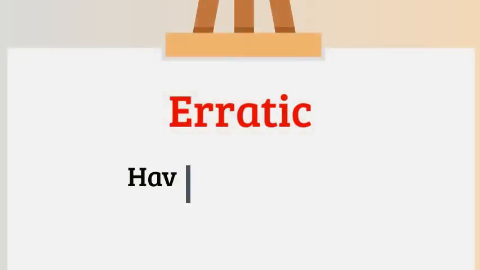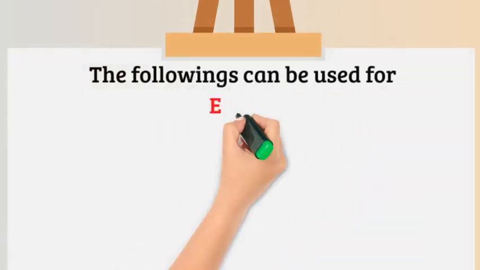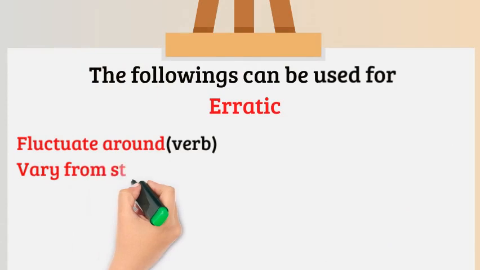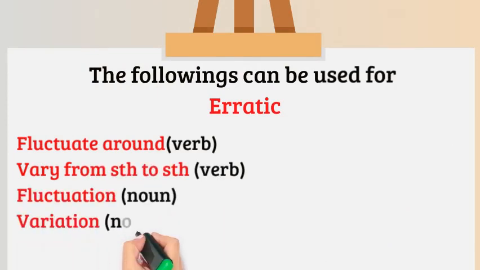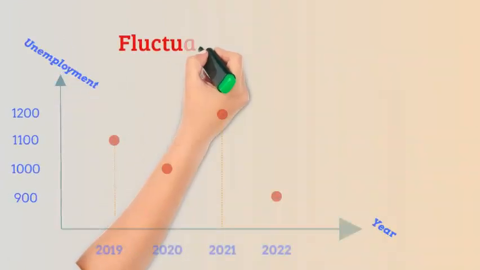Erratic. Having no pattern. The followings can be used for erratic: fluctuate around, vary from something to something, fluctuation, variation, erratic behavior. Fluctuate around.